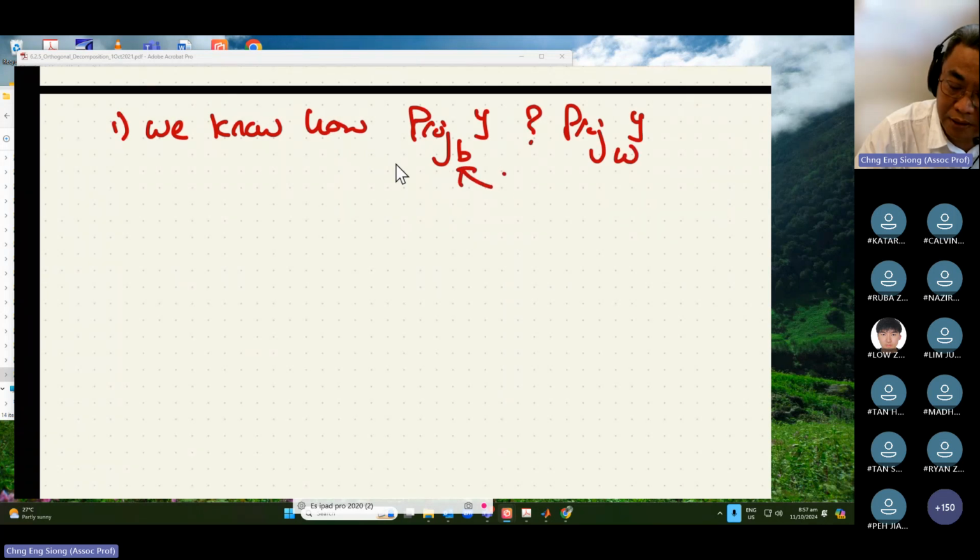This is a single line. This is now a vector space.